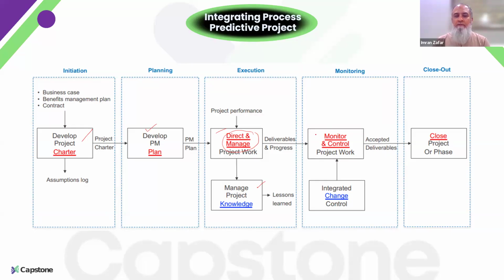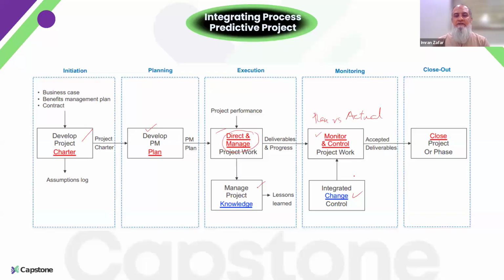Then in monitoring and controlling, we have monitor and control project work, where we take a comprehensive view of how the overall project is going, and we do plan versus actual to see if there are any deviations, any variations, and then maybe we can plan how to rectify or mitigate those situations. And we have the integrated change control process as well.